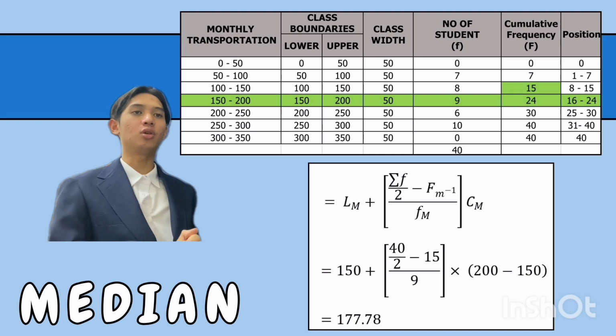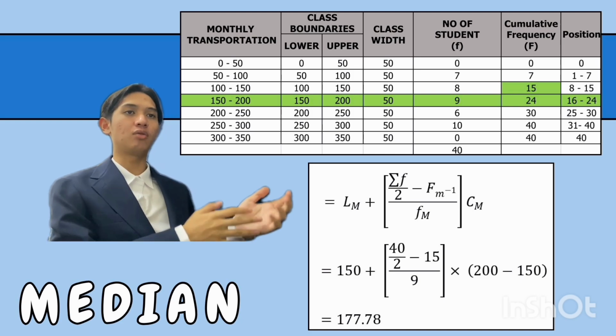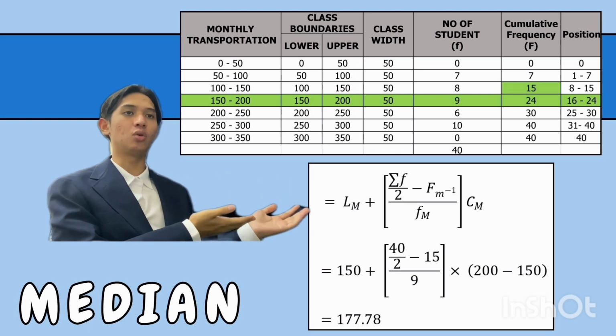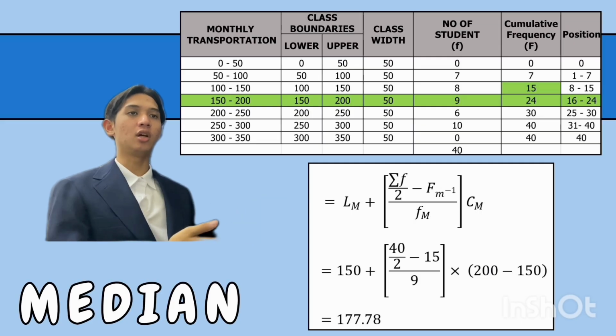So let's continue with the median. We take the numbers from the table: 150 plus open bracket 40 divided by 2 minus 15 divided by 9 close bracket times open bracket 200 minus 150 close bracket equals 177.78 for the median.